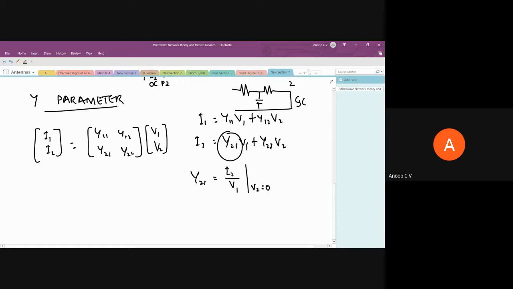But this perfect open circuit or perfect short circuit is not very easy in the case of microwave networks. Why? Because if you consider a conductor as a short circuit, you can tell along the length of the conductor itself the voltage will change, right? So perfect open circuit and perfect short circuit are not possible.